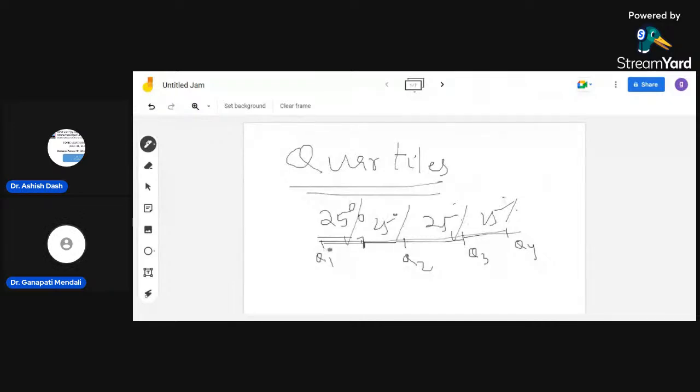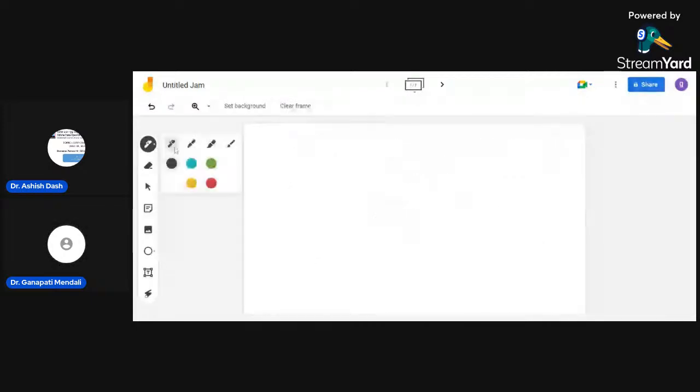Quarter two is 50%, first 50%, then second 50%. So Q2 is nothing but our median. The formula for the calculation of the quartile is: lower limit plus upper limit minus lower limit by f, times i into n by 4 minus c, where c is the cumulative frequency.